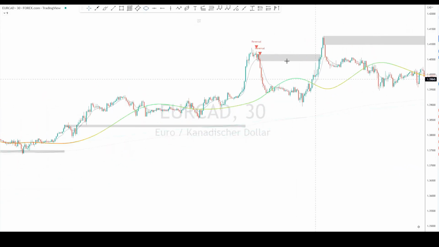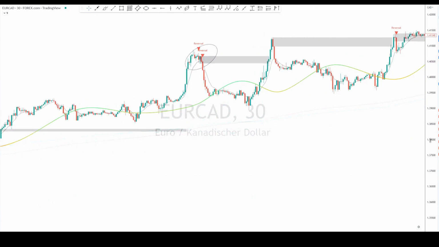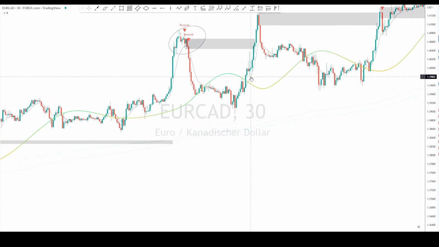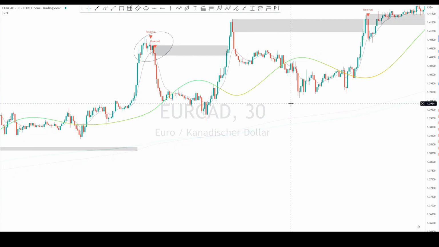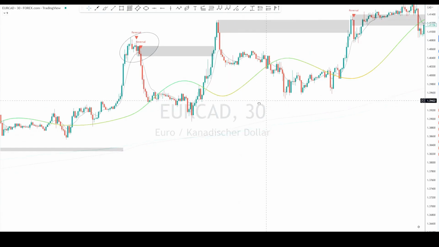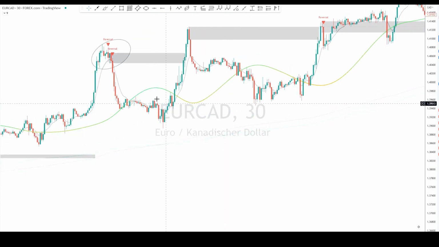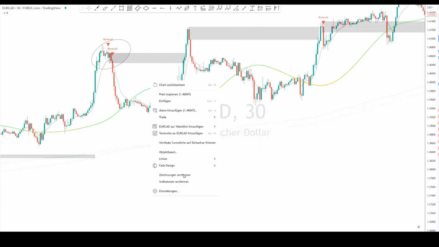So reversals should be quite clear. If, as is the case here, there are two reversals, then it's usually quite certain that trade in the opposite direction is already happening, or that the price turns around a little.